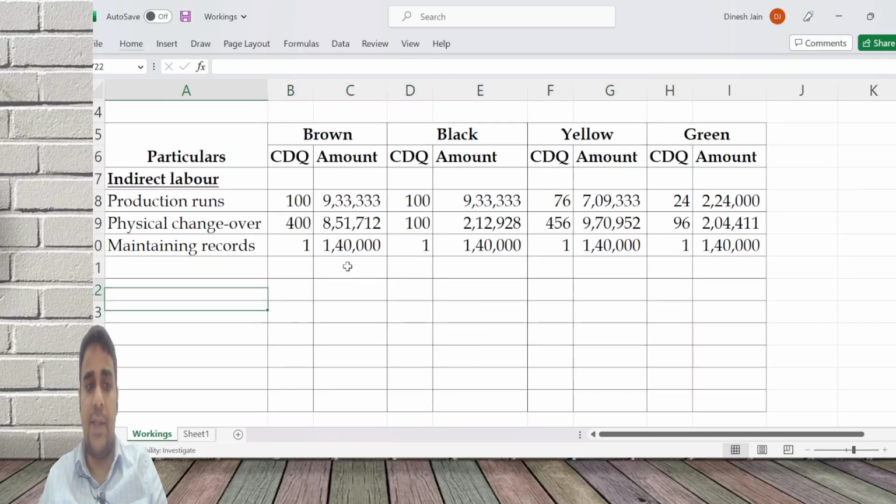This is the first expenditure. The indirect labor part, we have captured it and distributed it to the four products.